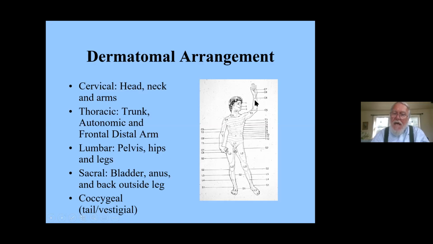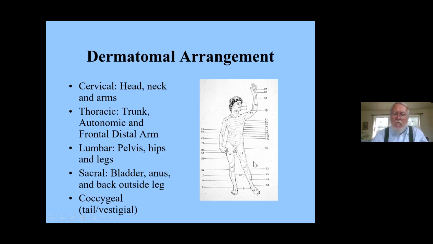Then, other than the upper thoracic controlling a specific part of the frontal distal arm, it is controlling the trunk. Then L1 to L5 is getting inputs and sending outputs to the pelvis, hips, and legs.